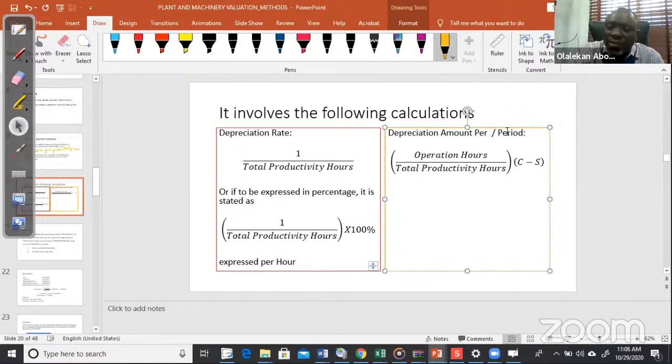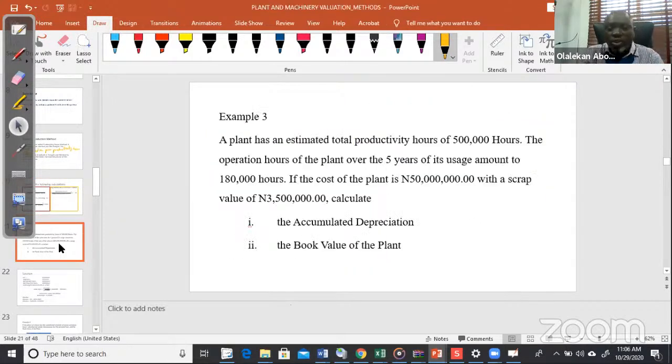If you make it against the whole total running hours, it will be for the total running hours, and that will be like your accumulated depreciation. Okay, so now these are the formulas. Let's quickly see the application. So you can write this out.